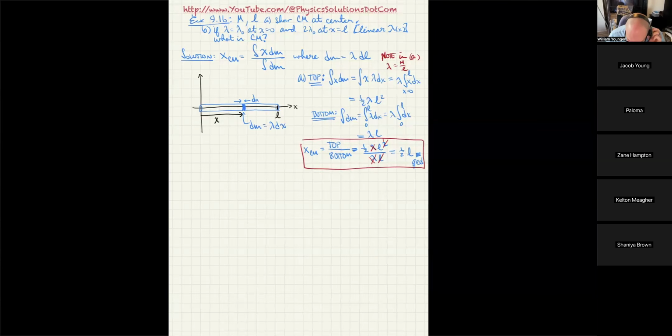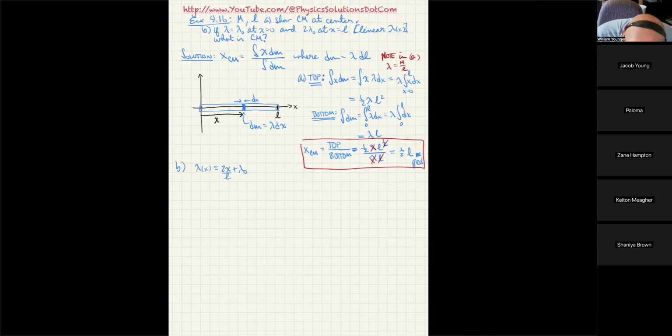Now, what we want for part B is for lambda to be a linear function. So what we can do is say lambda of x is going to equal, remember it's supposed to be lambda at x equals 0, so that's going to be 2x plus lambda 0, and this is going to be 2x over L, I think.